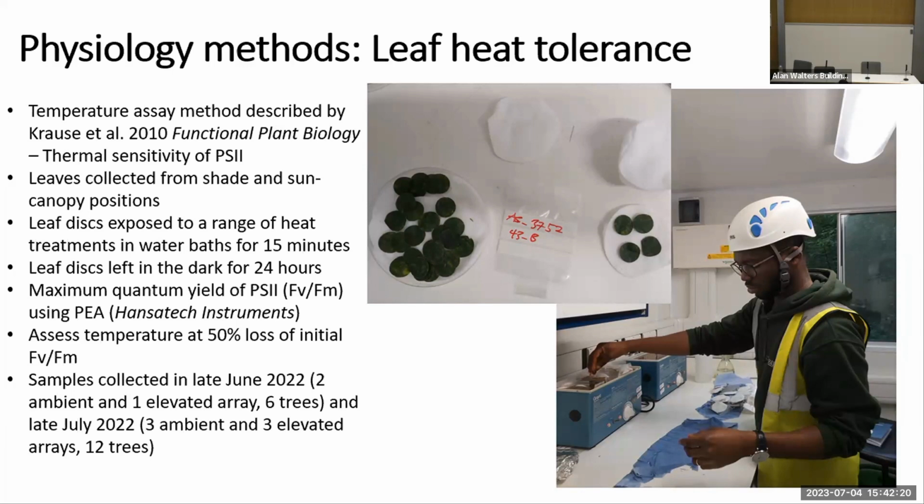So we were fortunate to sample some leaves in June 2022, and also after the heat wave in July, during the leaf sampling periods at BIFoR. We followed methods by Kraus et al. to understand how leaf tolerance changes with time and extreme events.